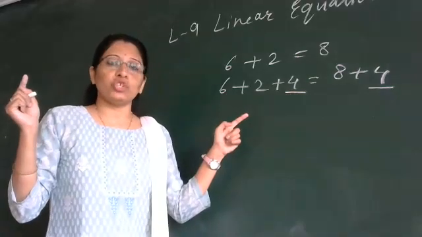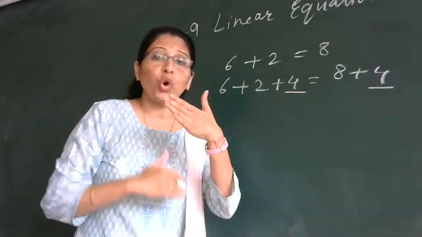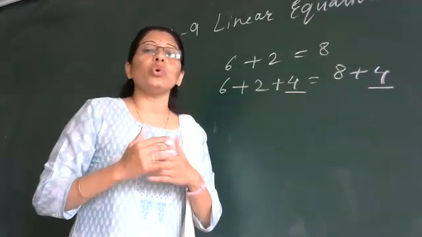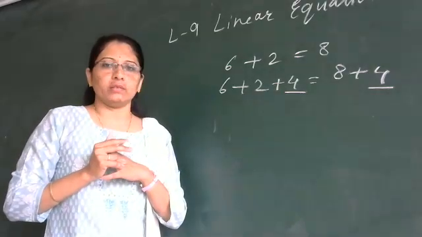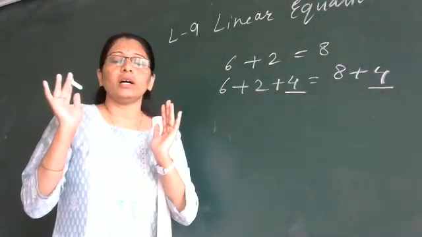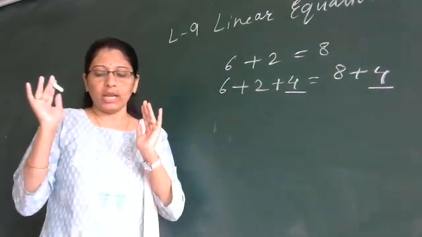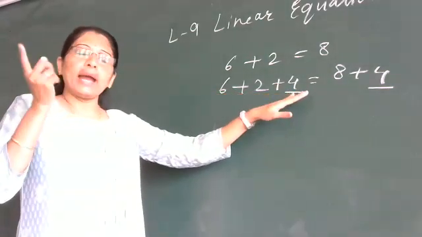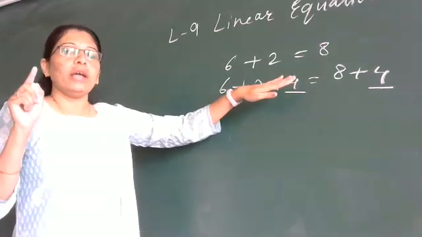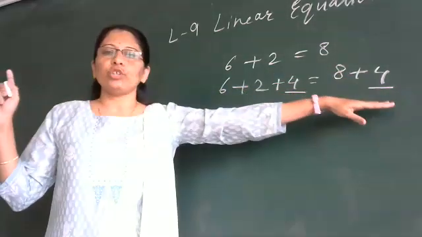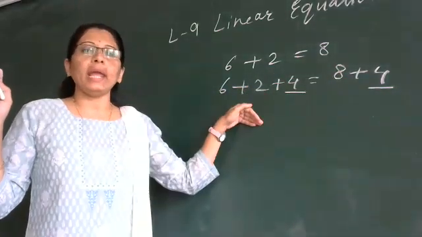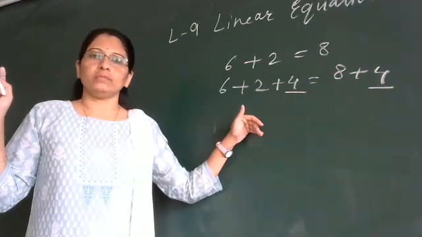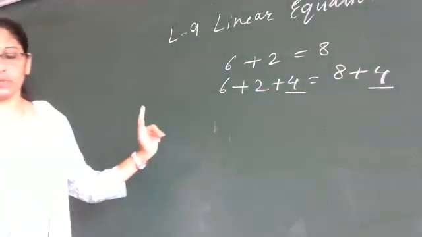Out of these rules, any one rule we can follow to make the equation balance. If we add any number to LHS and RHS, we can keep the equations equal.